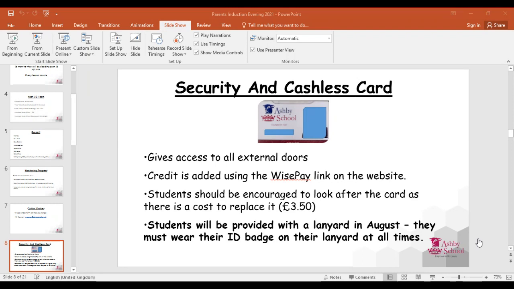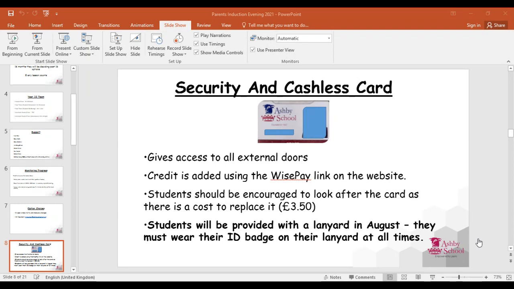Good evening. Hopefully if your child managed to come last Wednesday and last Thursday to induction, they had a real positive experience, and they should know some of what we're about to go through. The first thing is all about the security and cashless card which they received on their induction day. They'll all receive this on their first day in a tutor time period, come Wednesday 25th of August when they start. This gets them into all the doors throughout the whole school. This will help them pay for food, and it's quite easy to do on WisePay.